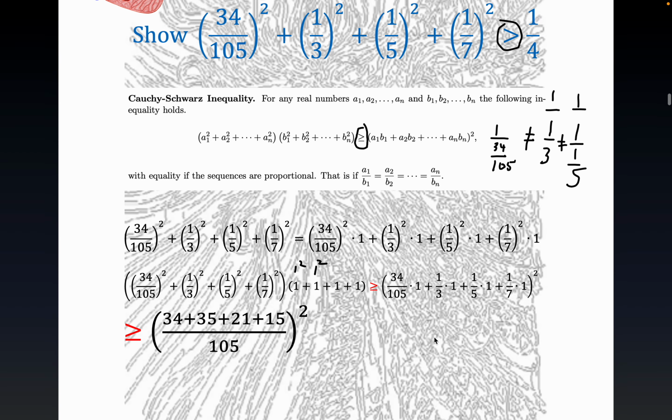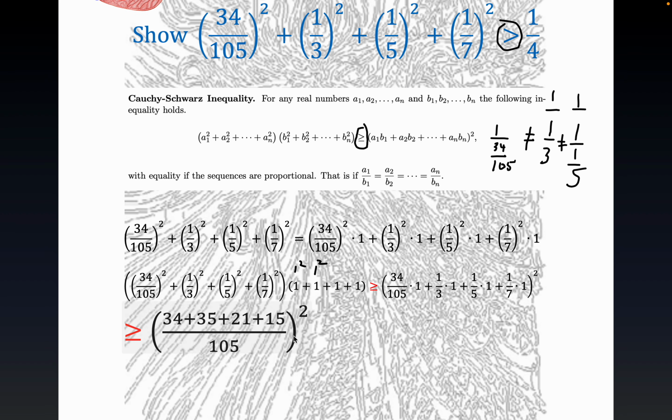Now the rest of this is fairly straightforward. The only real work I had to do, other than rotely substituting into this Cauchy-Schwarz inequality, is find the common denominator right here. Notice that 1 over 3 is equal to 35 over 105. 1 over 5 is equal to 21 over 105.